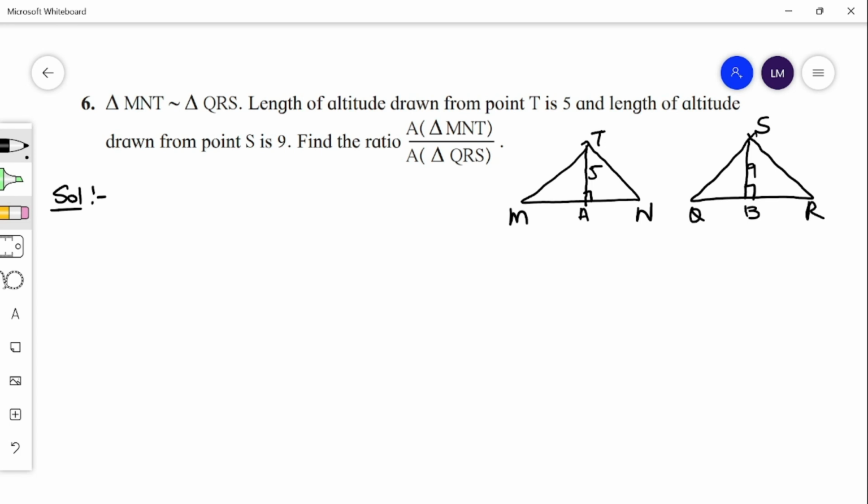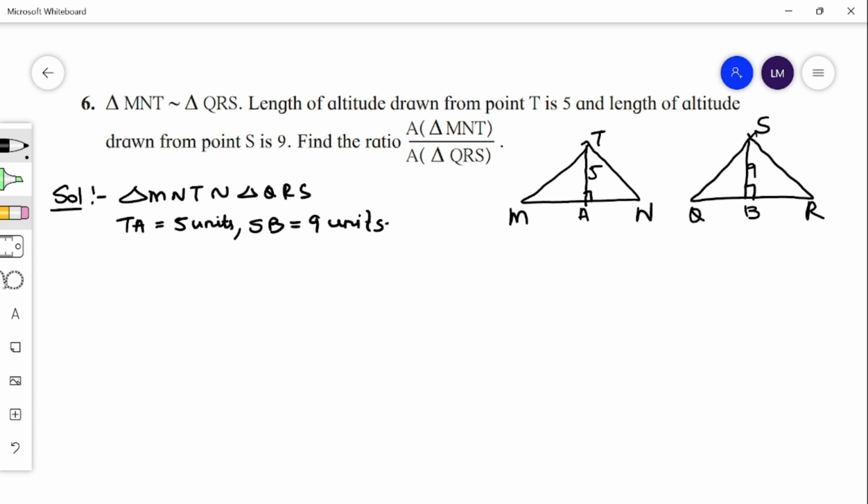First of all, in the given question, triangle MNT is similar to triangle QRS. TA is equal to 5 units. The value for SB is 9 units. Right?